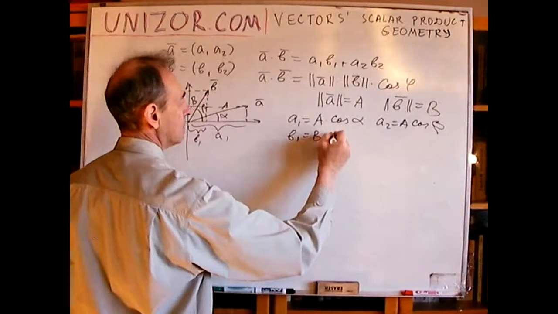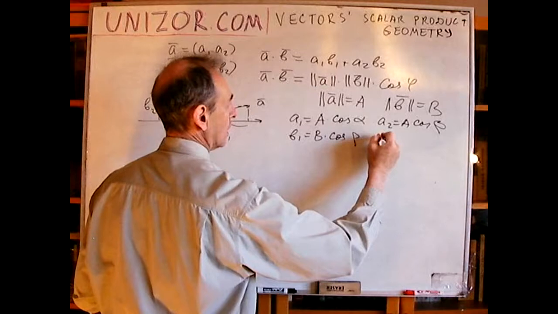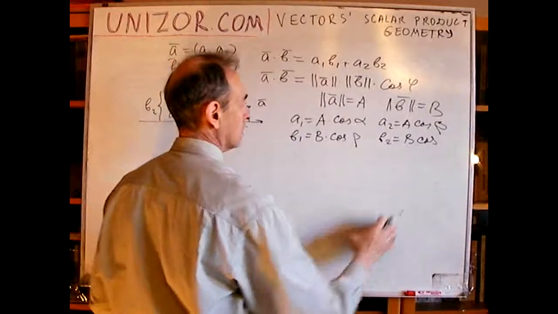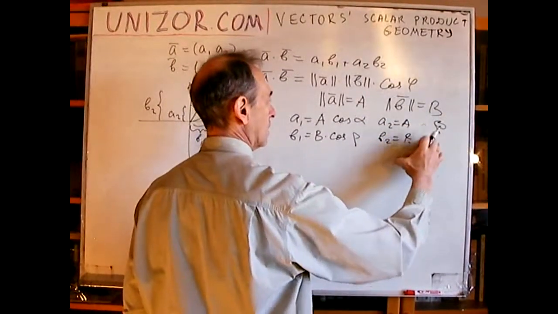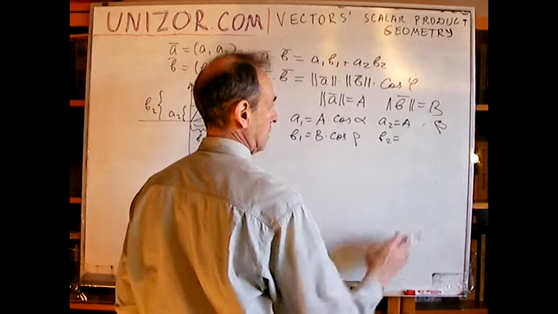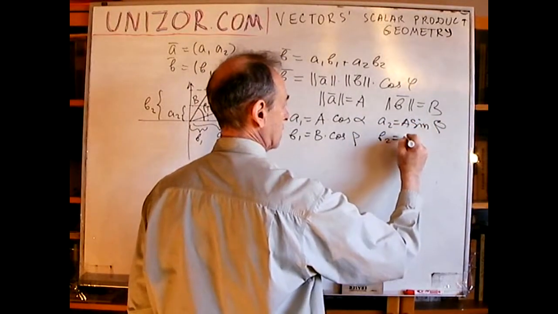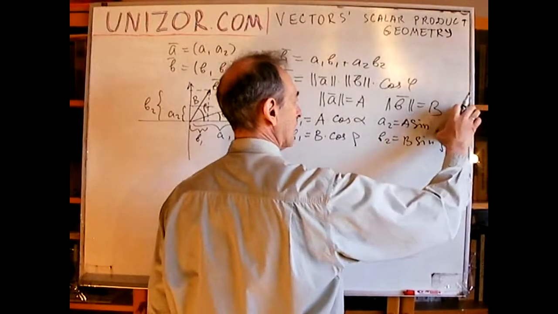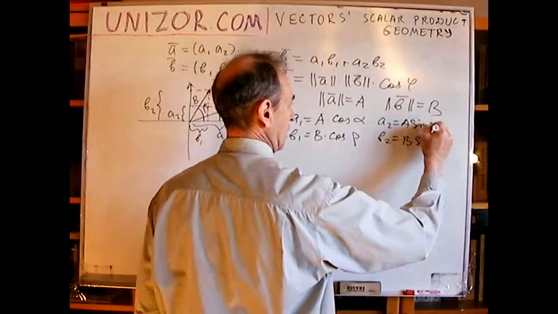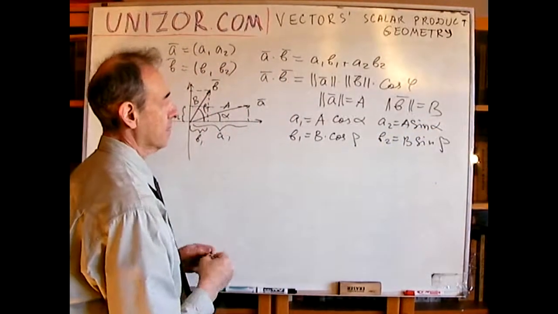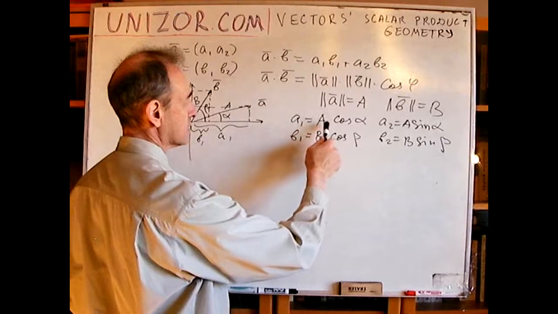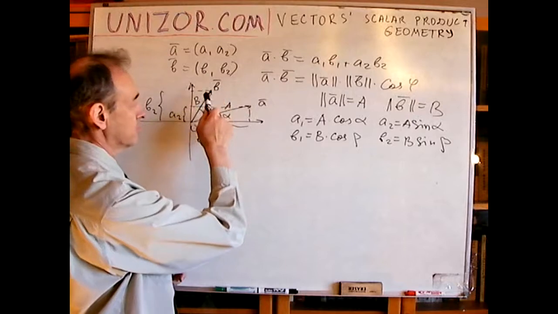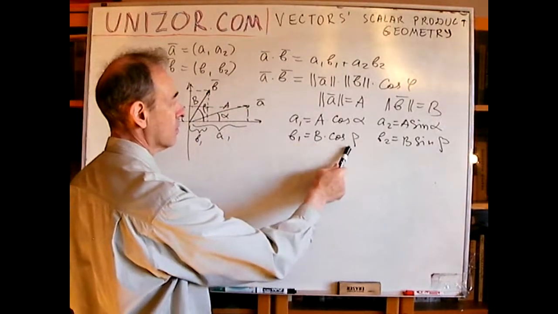B1 is equal to B cosine of beta, and B2 is equal to B sine of beta. Alpha is the angle of the A vector, so it's A cosine alpha and A sine alpha. Beta is the angle of the B vector, so it's B cosine beta and B sine beta.